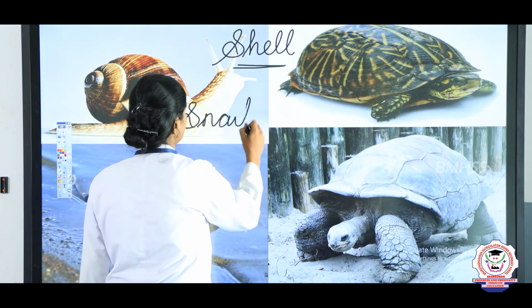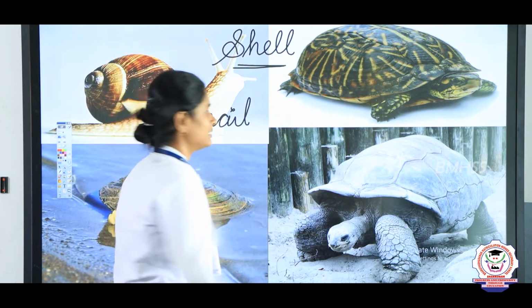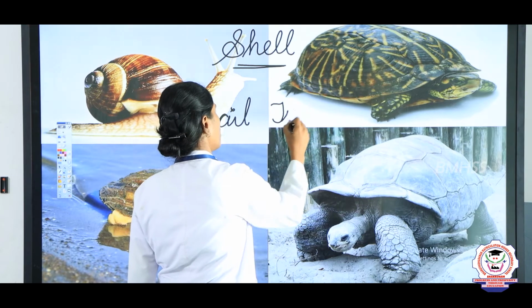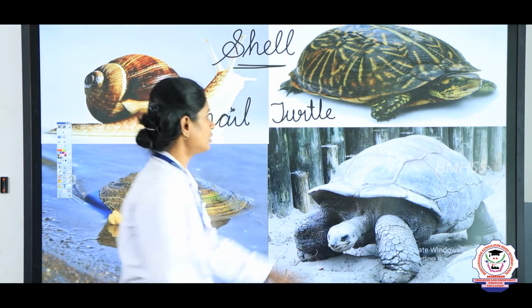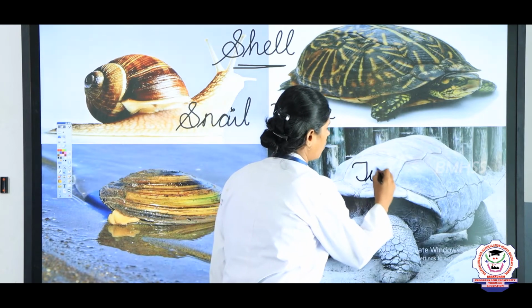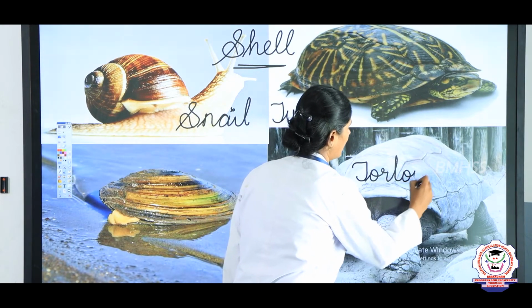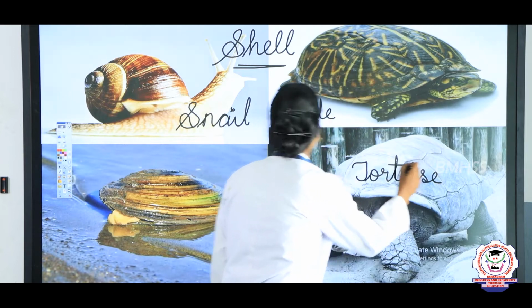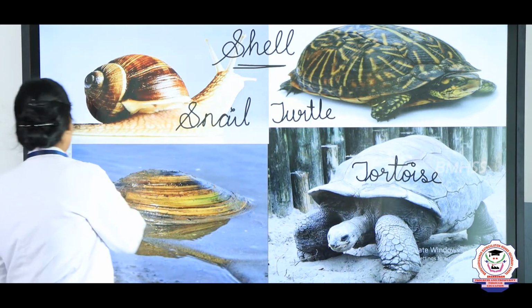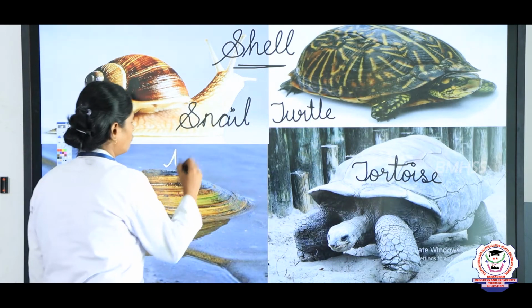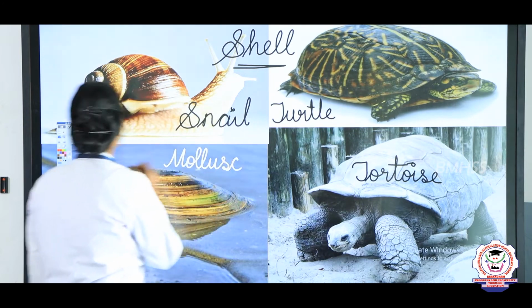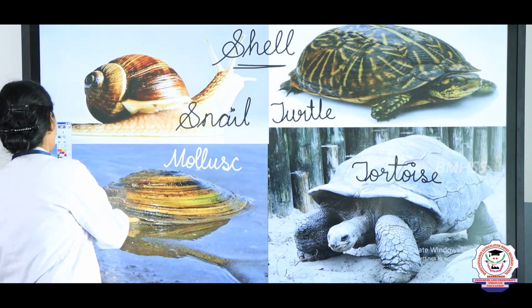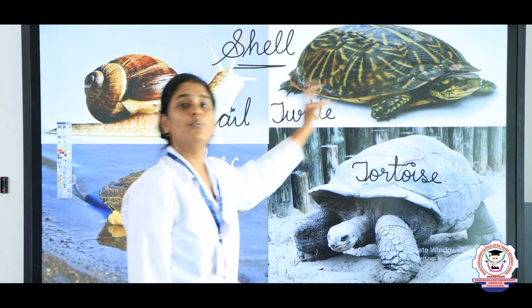So snail, turtle, tortoise. This one is mollusk. So these animals have shell as a body covering.